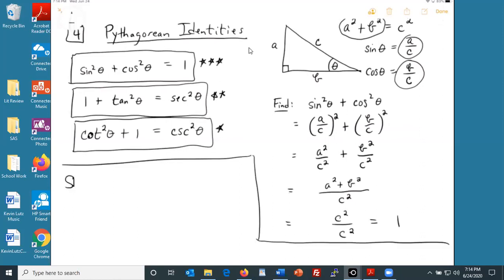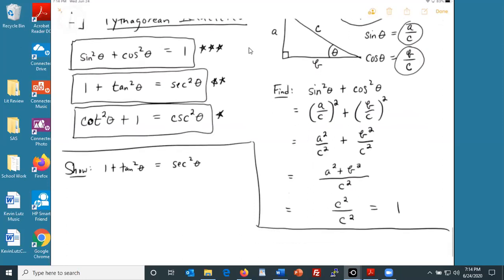Let's show the second one: 1 plus tangent squared of theta, show that it equals the secant squared. So remember with these identities, this is what we're going to simplify, and this over here will be our answer. So the answer you leave alone, don't do anything with it.